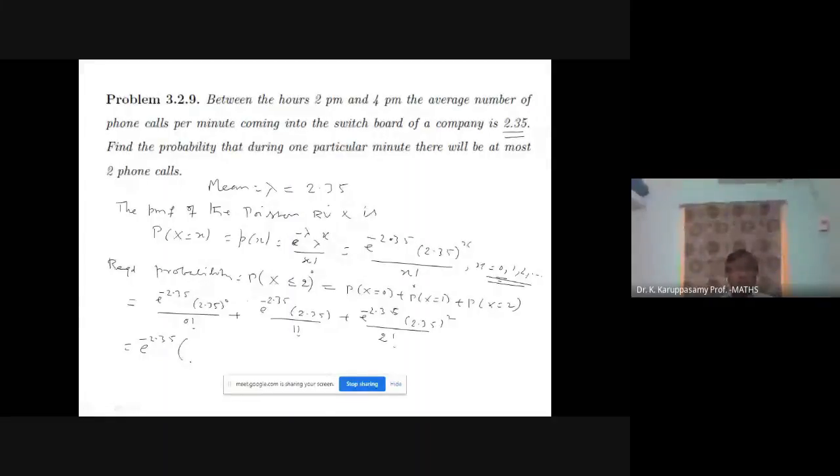After taking the common factor outside, the first term is 2.35 power 0, and power 0 means 1. 0 factorial is 1. So the first term is 1. In the second term, 2.35. In the third term, 2.35 square divided by 2.